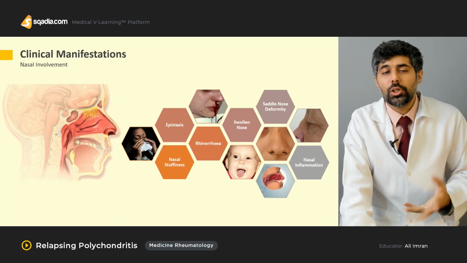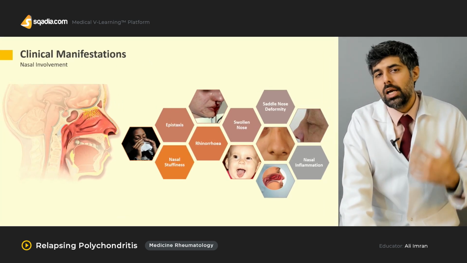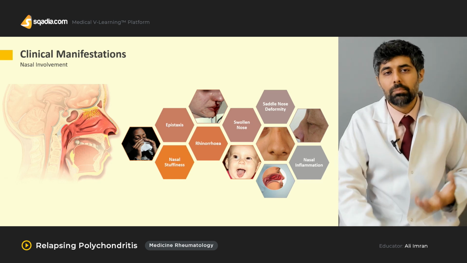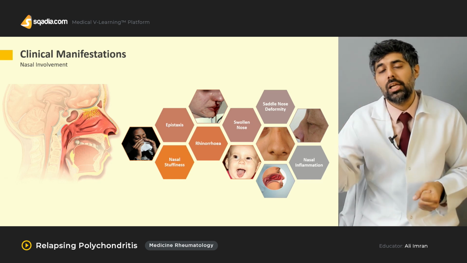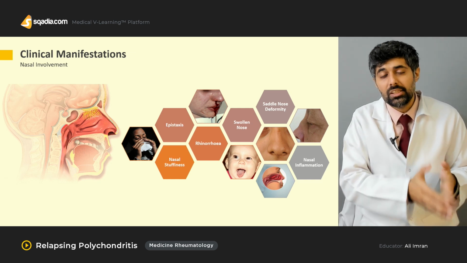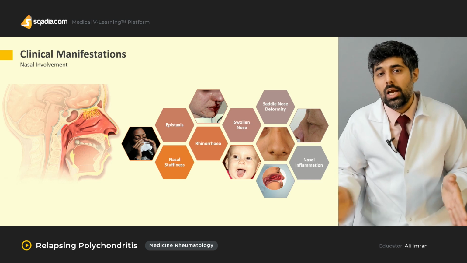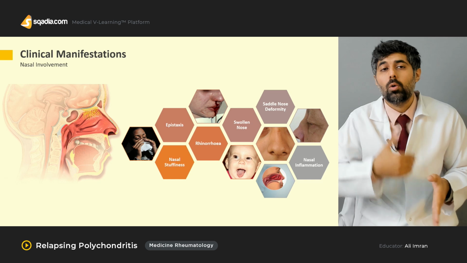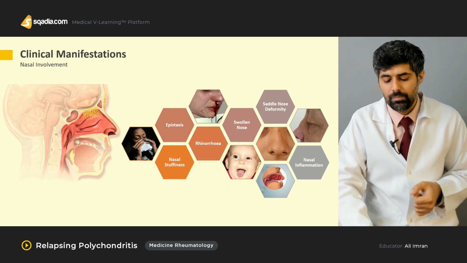We will also learn about the nasal involvement and why nasal involvement can start from a simple stuffiness to result in a deformity, and how this symptomology works in this particular direction, and how each symptom in between works and how it affects the patient.